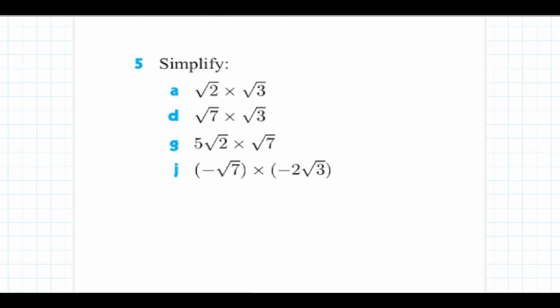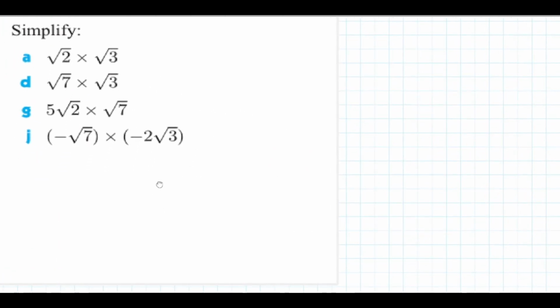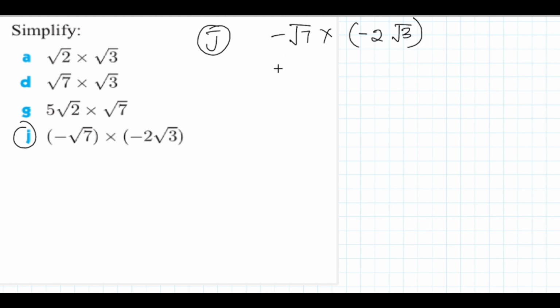Another example, simplify the following. So multiplication, common multiplication. Here, let's take only 1 and then no classwork. Okay. So J, we have minus root 7 multiplied by minus 2 root 3. Okay, so we can write this one as minus 1 times root 7 multiplied by minus 2 times root 3.